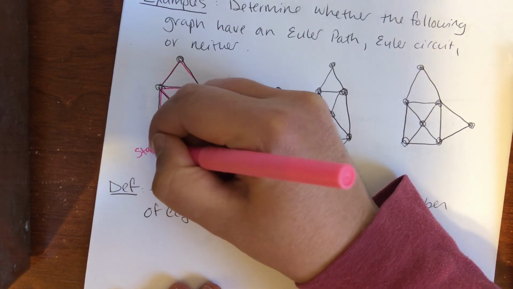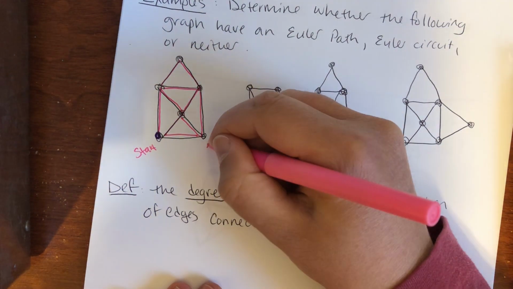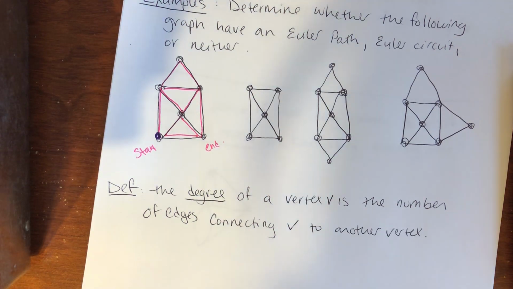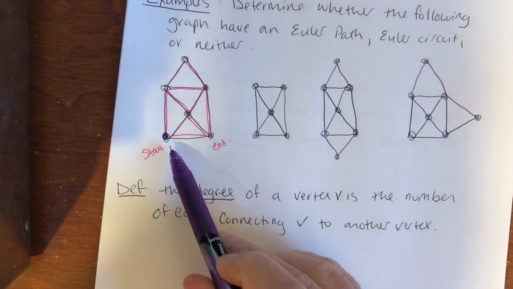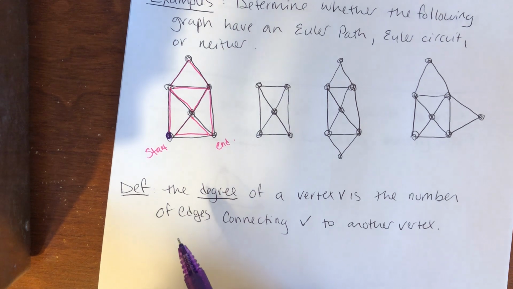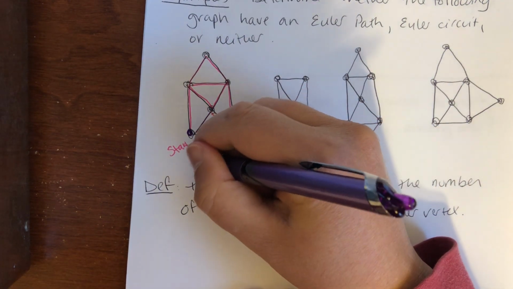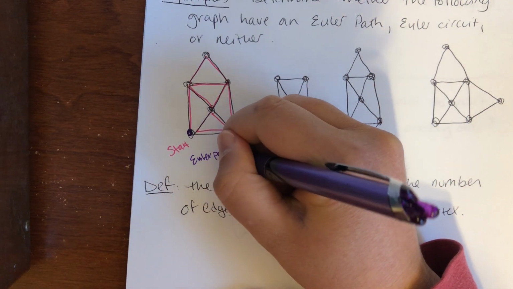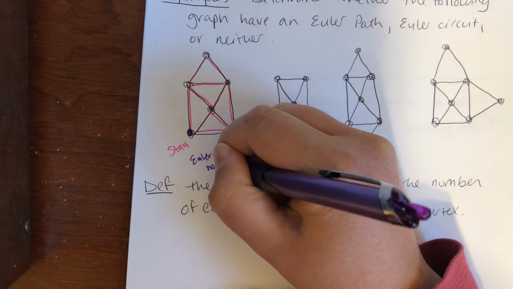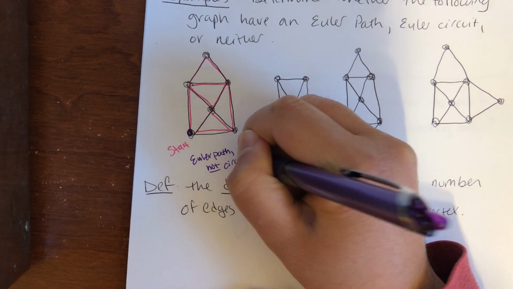So we started here and we ended here. We can see from the way that I highlighted it that we crossed every edge exactly once. So this is an Euler path, but it's not an Euler circuit because I started at one vertex and ended at another. So this has an Euler path, but not a circuit.